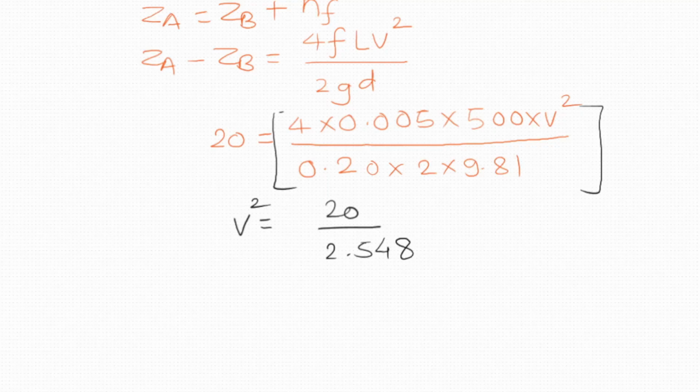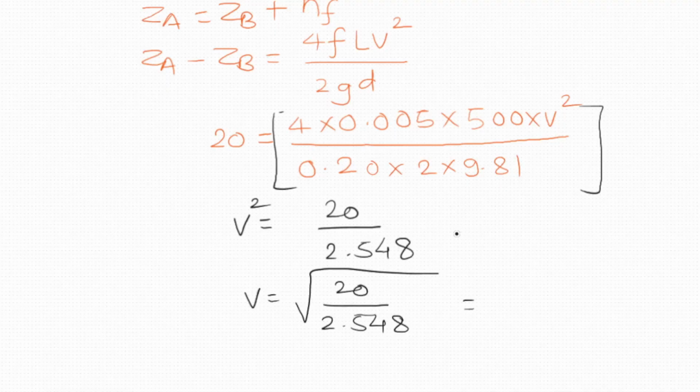So V square is equal to 20 divided by 2.548, or V is root of 20 upon 2.548. The value of velocity that I am getting is 2.8 meters per second.